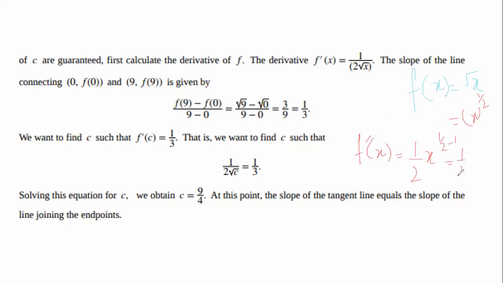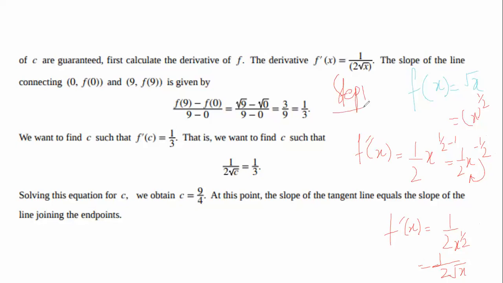So it will be 1 upon 2 x to the power minus 1 upon 2. When I put it in the denominator, the power must be positive. So it will be 1 upon 2 under root x. This is the value of the derivative. Well, this is step number 1.